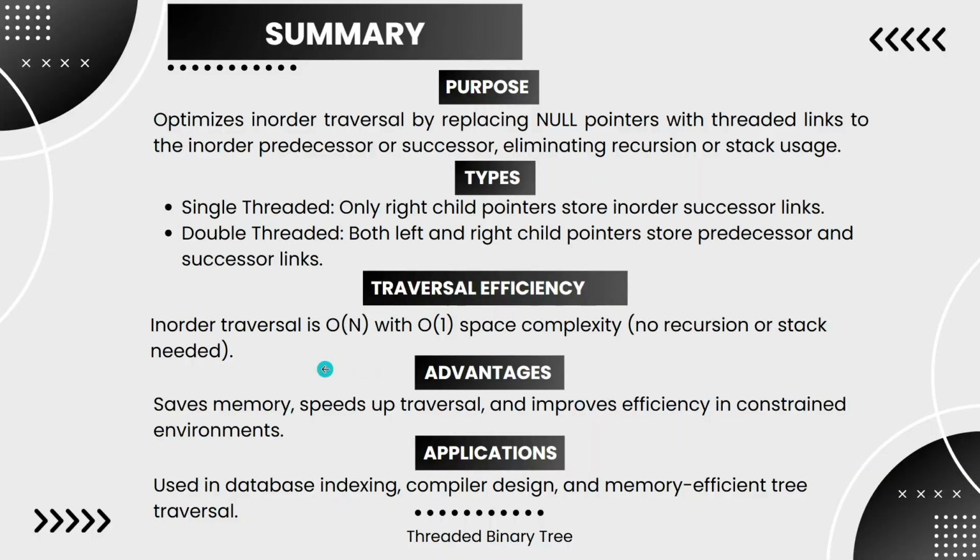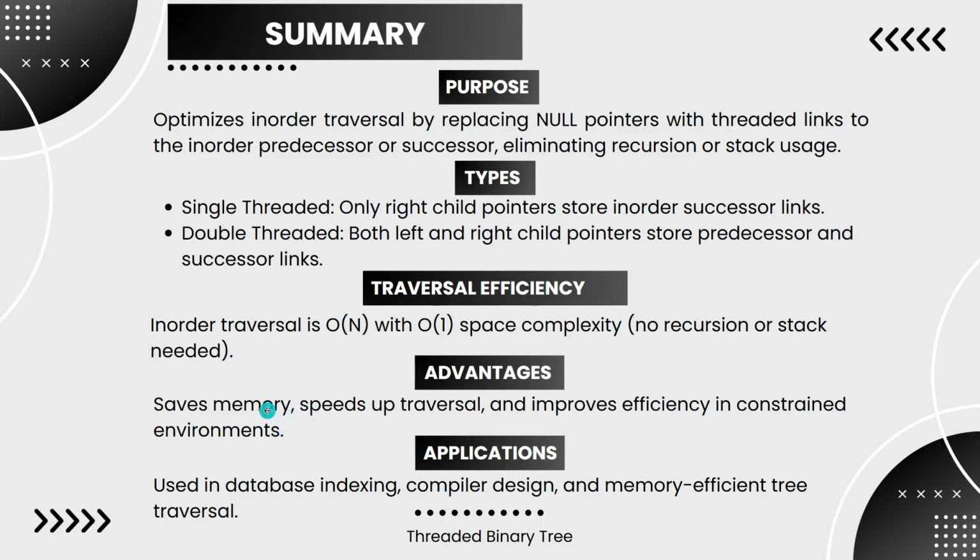And when we talk about traversal efficiency, inorder traversal can happen with order of n, where n happens to be the number of nodes in your tree, and the space complexity would be of the order of 1, and we don't use any recursion or stack. And the advantage is that this threaded binary tree eliminates wastage of space, because we avoid storing null values.